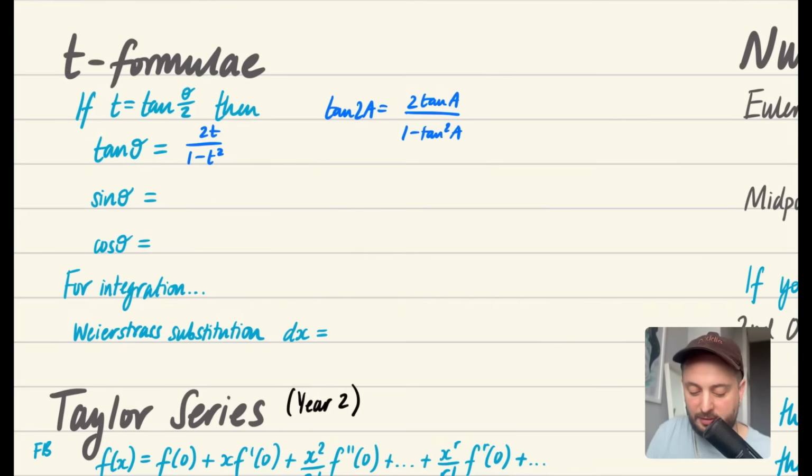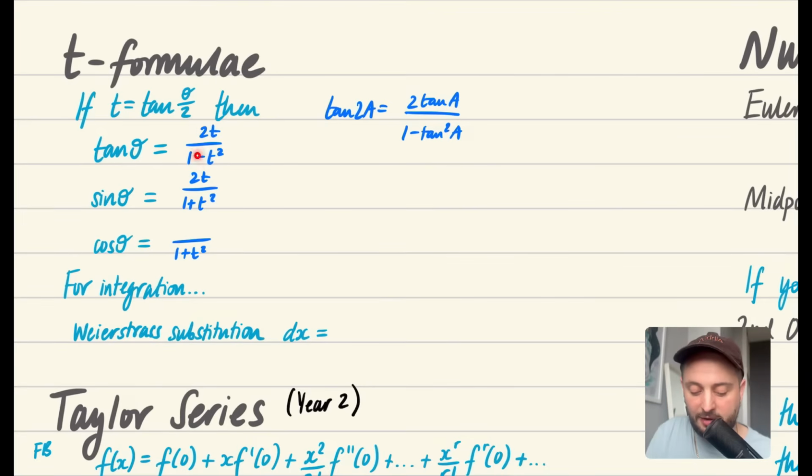Now, sine theta, because this is the opposite and the adjacent for tan, sine theta always has the opposite, so there's going to be the 2t. And you could do Pythagoras with these to find out the third one, or you probably just remember that it's 1 plus t squared. And then cos theta is also going to be over 1 plus t squared. Remember that sine theta is the opposite over the hypotenuse, cos theta is the adjacent over the hypotenuse, so those hypotenuse parts need to be the same.